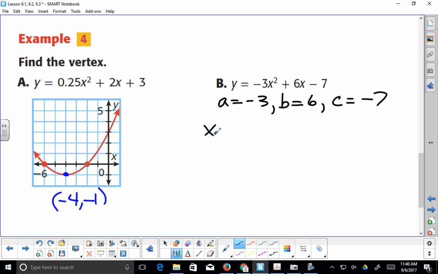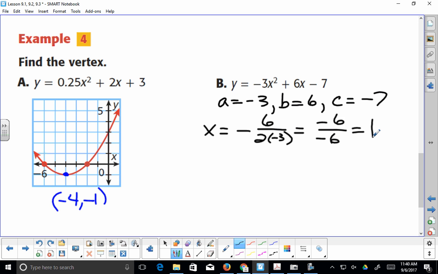All right, so x equals the opposite of b over 2 times a. So the opposite of 6 over 2 times -3. So this is -6 over -6, which equals 1. Okay? So the x value for my vertex is +1.